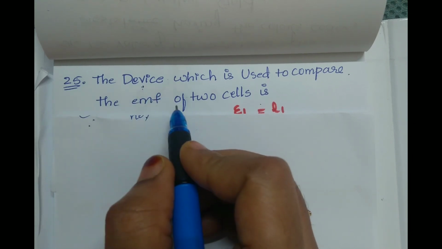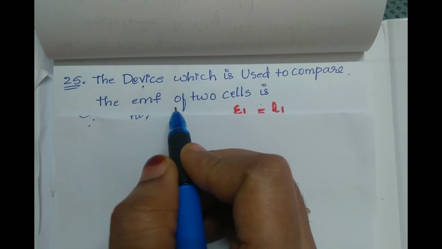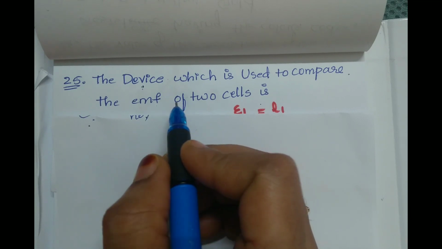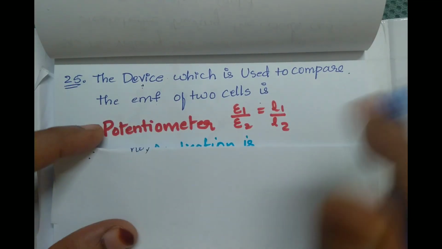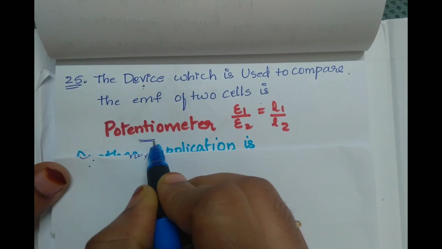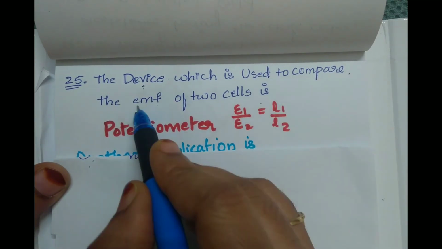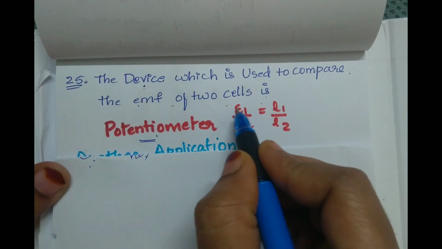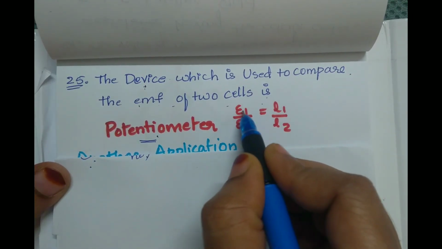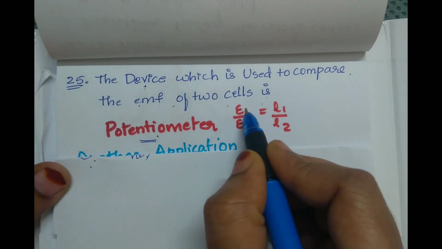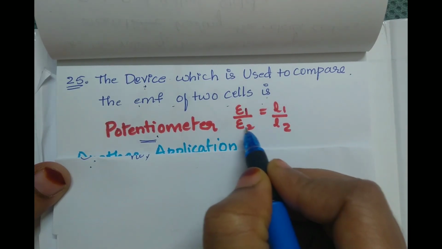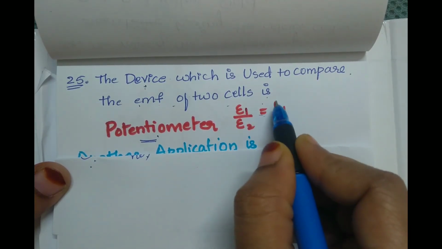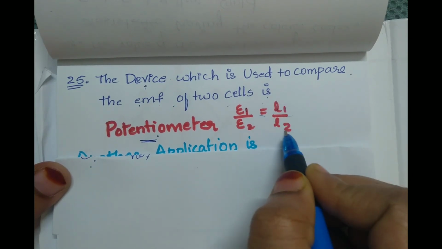One, it is used to compare the EMF of the two cells, and another is to find the internal resistance. So therefore the answer is potentiometer. And this is the formula: EMF of 1 divided by EMF of 2 is equal to length of first wire divided by length of second wire.